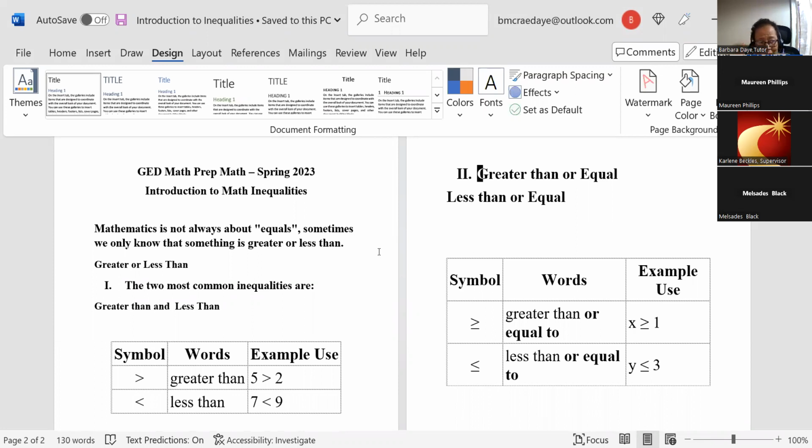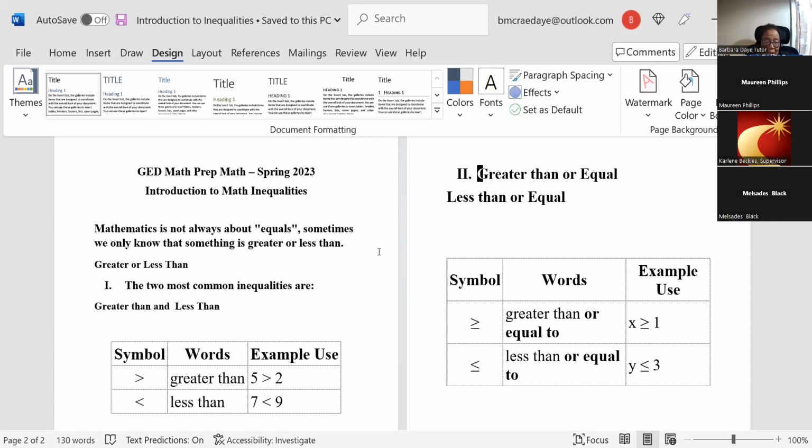Well, when we say inequalities, we are saying something is not equal, right? We've been thinking in terms of equals, like we'll say 6x equals 36. But now we want to think of inequalities when something is greater than something, less than something, greater than or equal, or less than or equal.